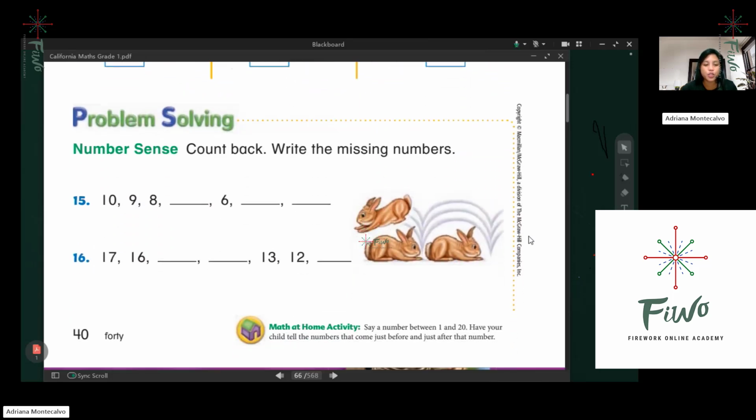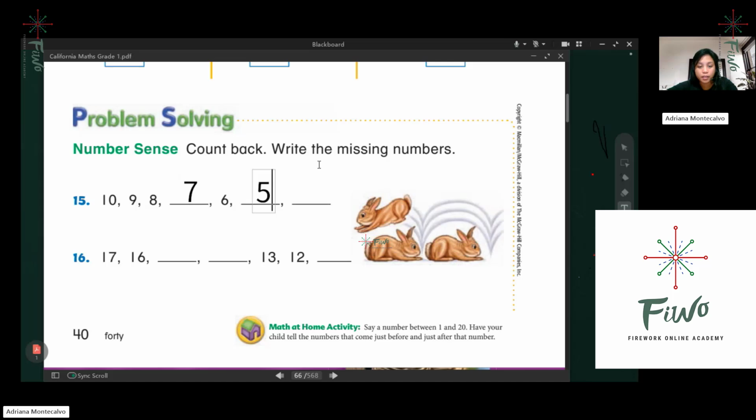Okay, can you please read this one over here? It says, count back. Write the missing number. So what's the missing number over here, Kong? 7. And 5.